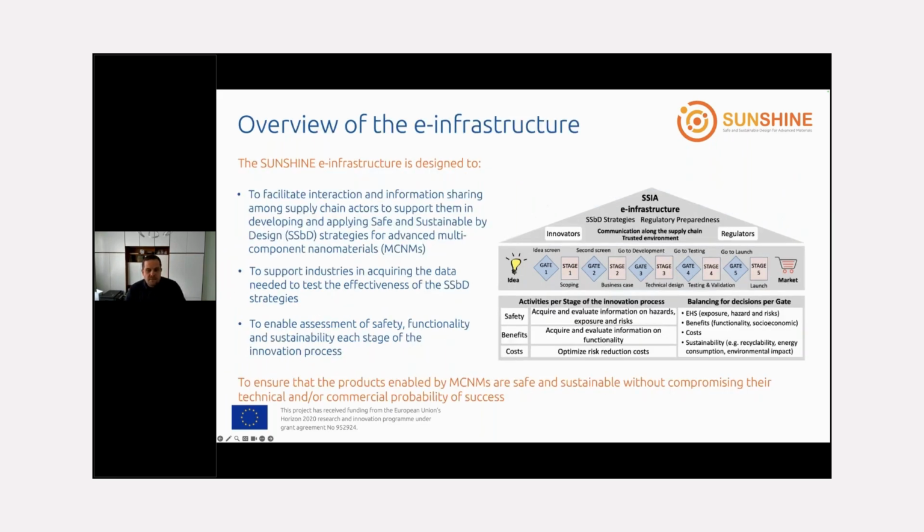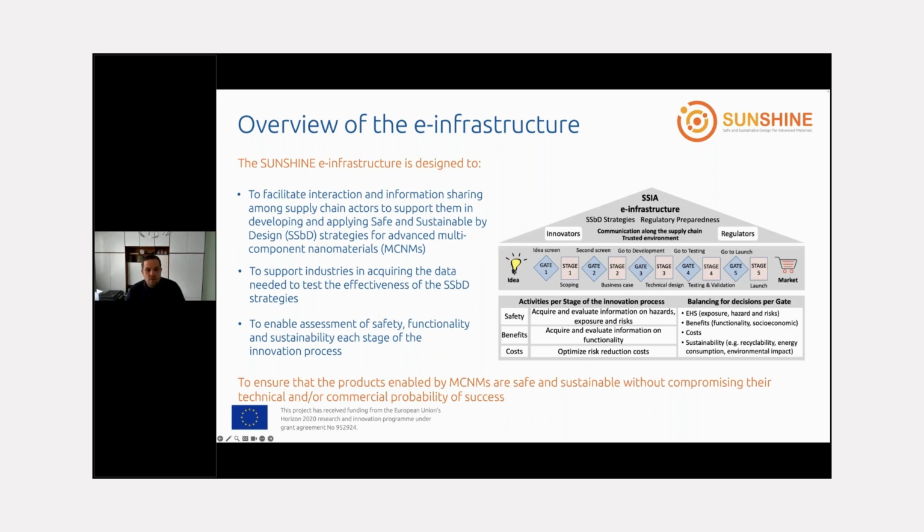The SUNSHINE infrastructure is designed to facilitate collaboration and exchange of information between supply chain actors to promote development and implementation of safe and sustainable by design strategies for advanced materials in general, with specific case studies targeting multi-component nanomaterials.